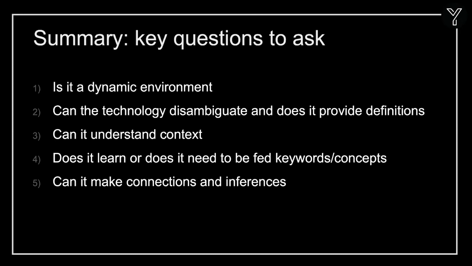What we deliver is, of course, a dynamic representation of knowledge, and as we read all of these documents, we update our knowledge graph pretty much in real time. On the other side, is this the technology that you're using to build a knowledge graph capable of disambiguating entities and disambiguating concepts? And does it provide definitions?